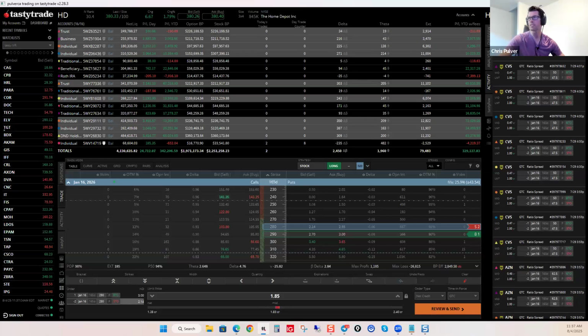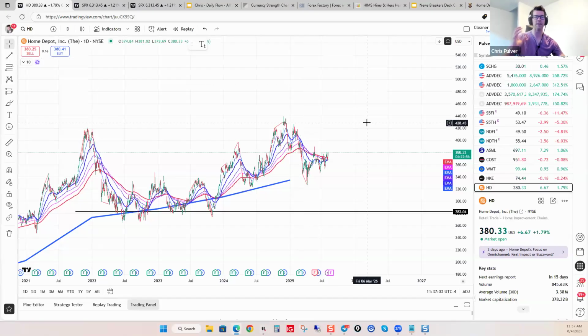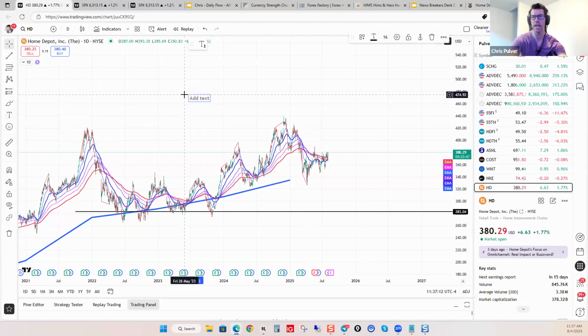So anytime I take a ratio spread, there's 2 ways I manage it. One is I'm willing to own the shares, so it's kind of like a fancy naked put. So here's how it looks if you can see my writing. I have a naked put, or I like ratio spreads.